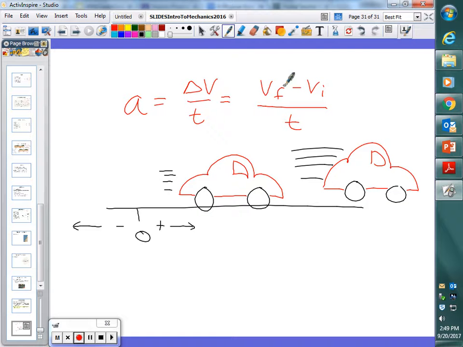So if the final velocity is greater than the initial velocity, when we subtract them, we'll end up with a positive number on the top. So in this case, with the black whoosh lines, we have an example of positive velocity and positive acceleration. And that results in what happening to that car? It goes faster. It increases in speed. Okay? Good there? Okay with that? Yeah. Okay.